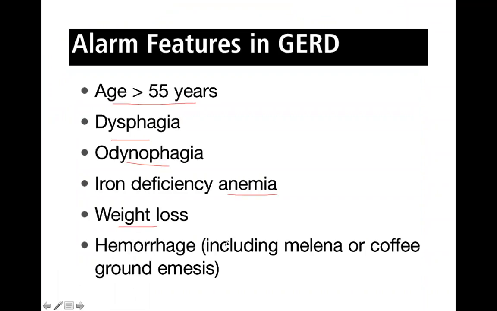Anemia, weight loss, hematemesis, whatever, or black stool. So these are alarming symptoms. In that case, the first step is upper GI endoscopy. Clear? Patient is more than 55 years of age, or any of these. So this is the protocol we follow.